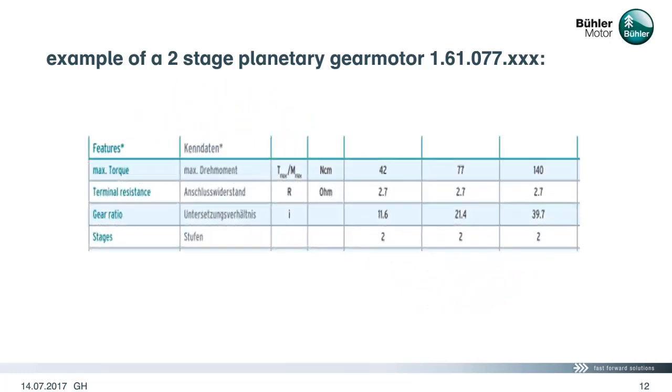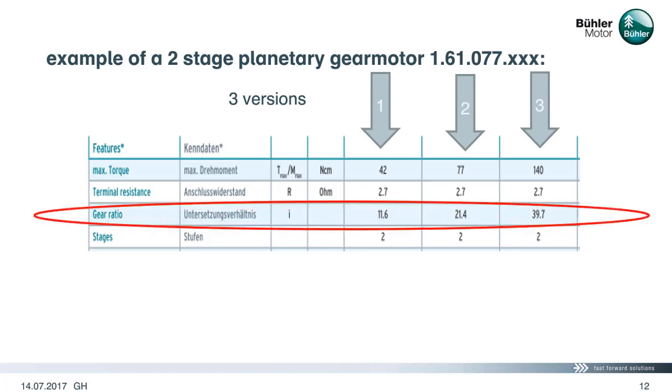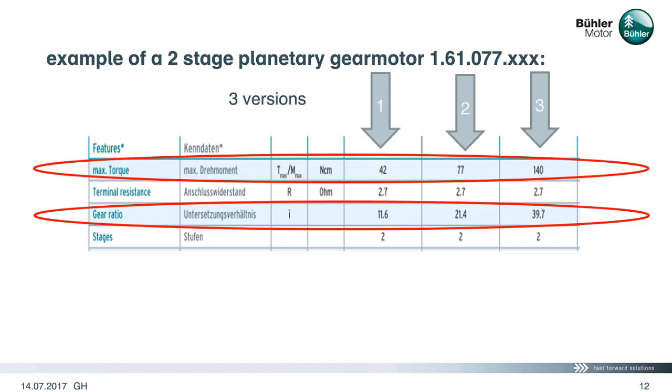The datasheet shows three versions of this gear motor with three different gear ratios. On the numbers, we can also see that the maximum torque, Tmax, increases with increasing gear ratios. This maximum torque is limited either mechanically by the gears in the gear train or by the torque capability of the motor.